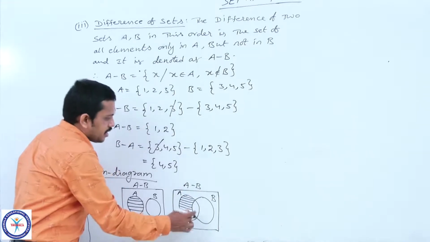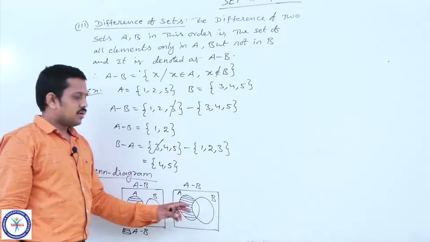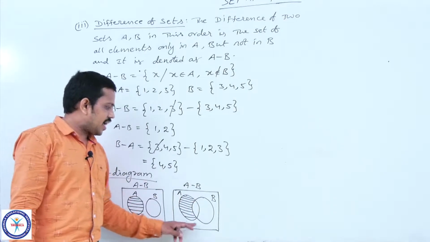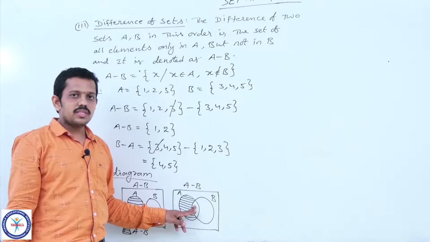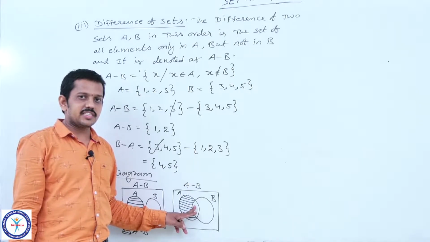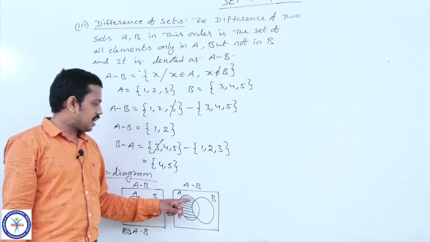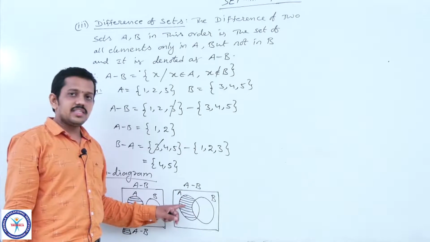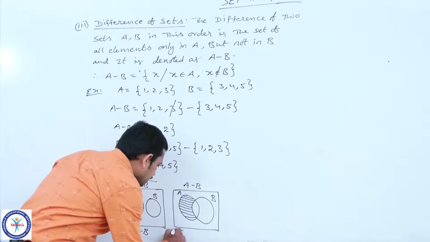So this is A minus B, meaning from set A we exclude the common region, the A intersection B region, and then we have the shaded region. This region is A minus B.